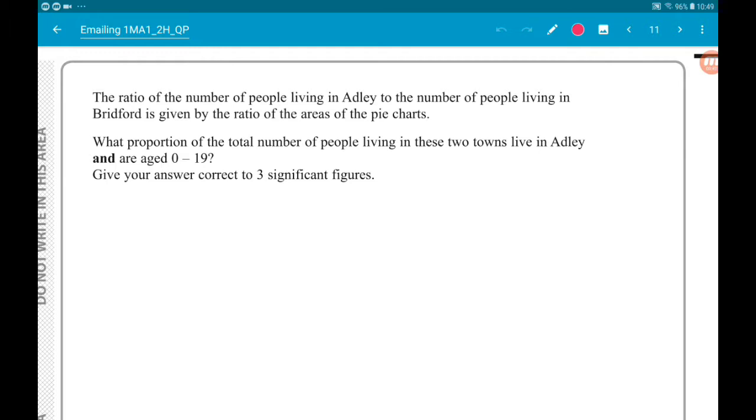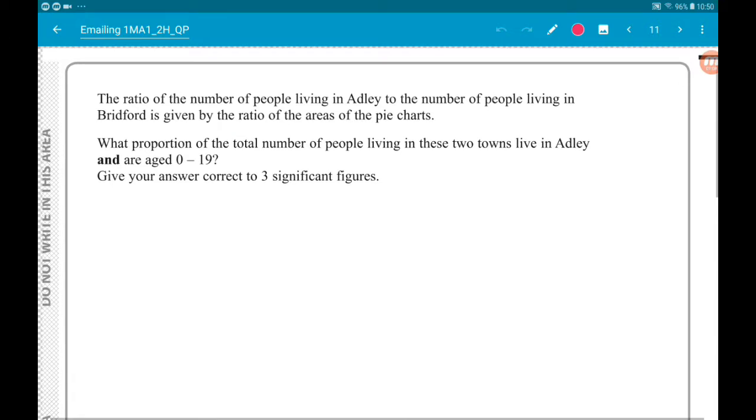We were asked what proportion of the total number of people living in these two towns live in Adley and are aged 0 to 19. Give your answer correct to 3 significant figures. Okay, so bit of a strange one.